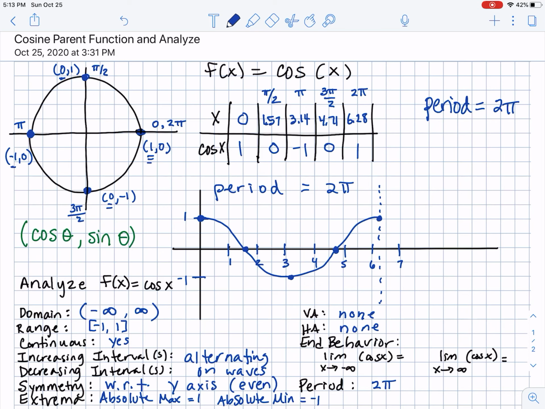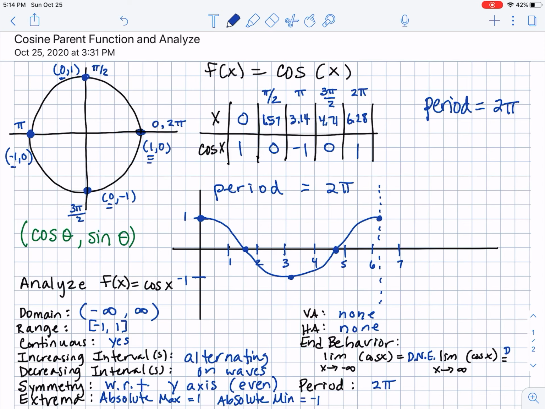End behavior. As x approaches negative infinity, this wave is just going to continue. So it's not going to necessarily have a limit, so the limit does not exist. And as x approaches infinity, that wave is going to continue to increase and decrease.